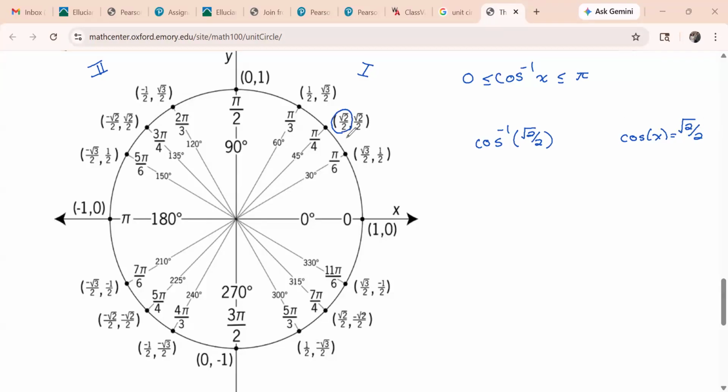So we see that happen here, and we see that happen here. But since I can only be in quadrants 1 or 2, this is the one I take. So this actually happens at pi over 4.